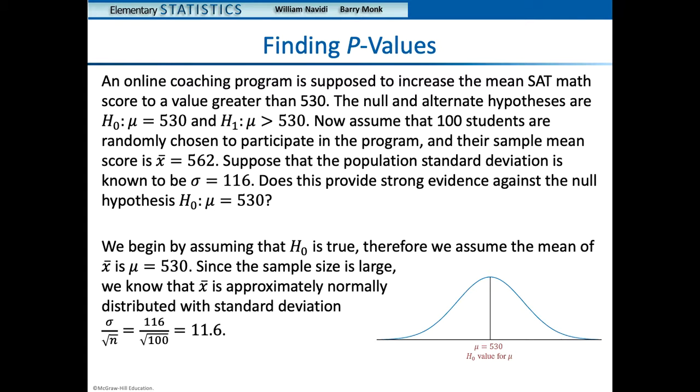So we are going to treat this as a normal distribution that has a mean of 530 and a standard deviation of sigma over the square root of n, which would be 116 over the square root of 100, which equals 11.6, right? So at this point, we're just assuming the null hypothesis to be true and looking at the sampling distribution under that assumption.